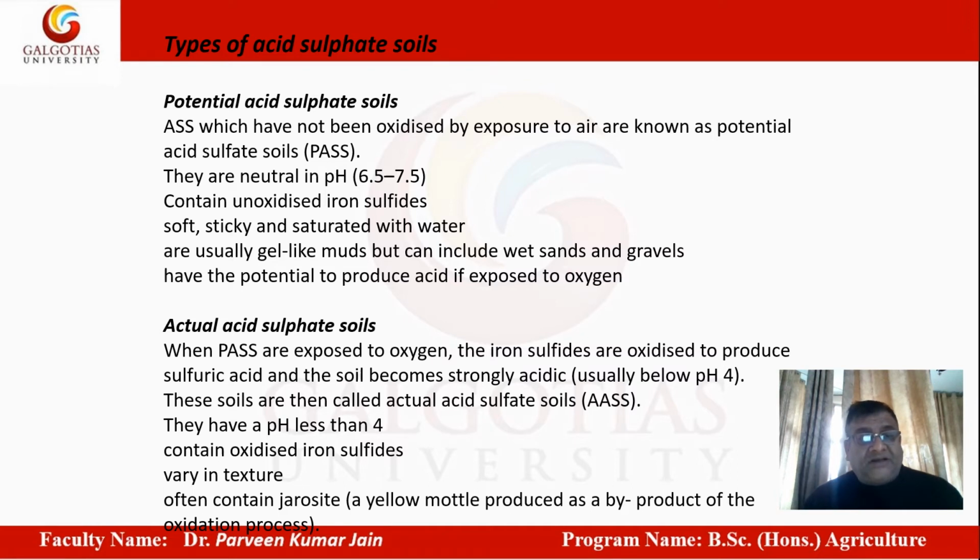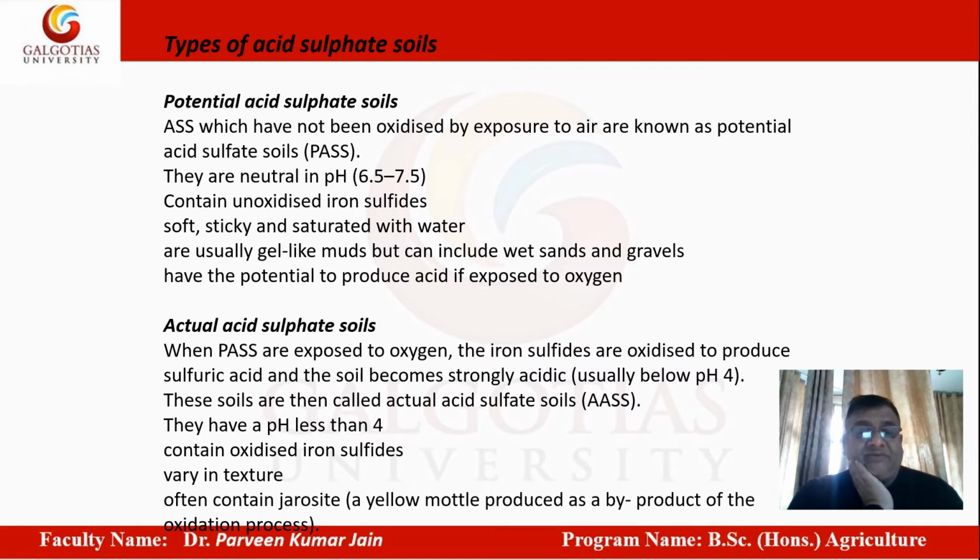Then there are actual acid sulfate soils. These are the soils where the potential acid sulfate soils have been exposed to oxygen, and then the iron sulfides are oxidized and produce sulfuric acid, and the soil becomes strongly acidic.